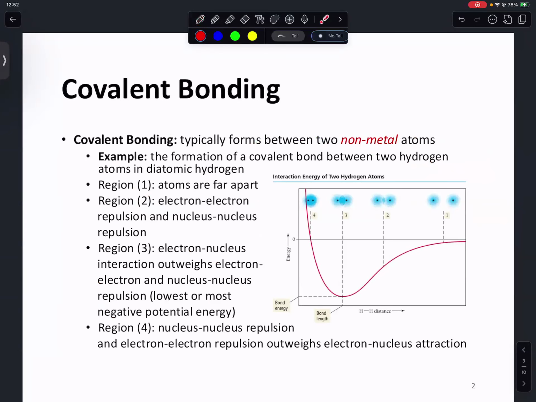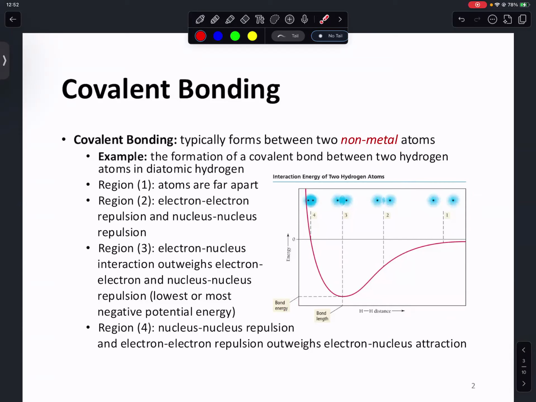Right here, we're going to discuss this plot of potential energy versus distance when two hydrogen atoms come together to form a diatomic hydrogen molecule. If you notice on this plot, there are four regions. We're going to go through them one by one and deconstruct together what each step means.